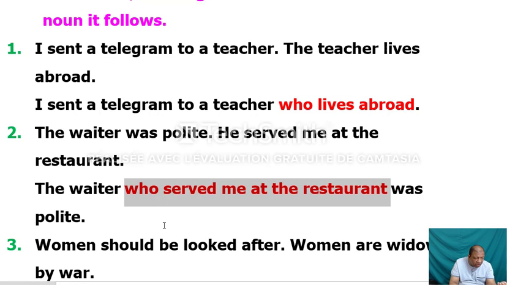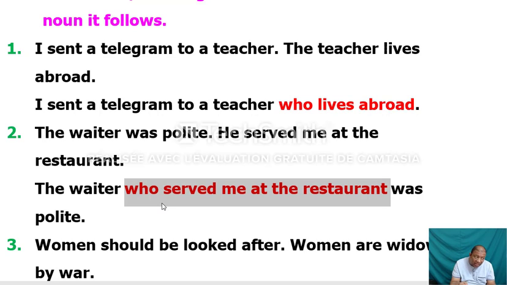So it is restrictive. Why? Because if I omit this relative clause, the meaning is going to be completely different. Therefore, the waiter was polite. When I say this sentence to you, you are going to tell me, who is this waiter that you are talking about?